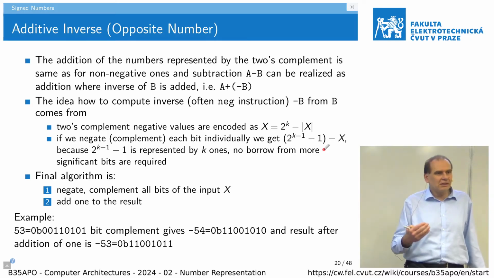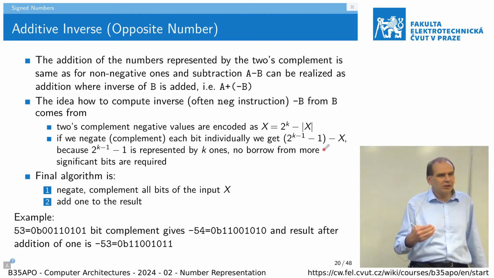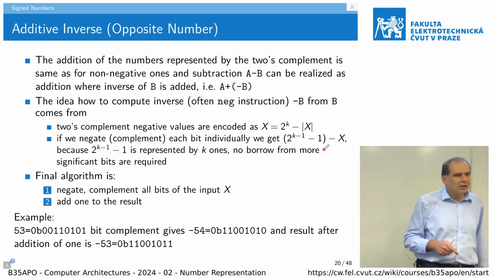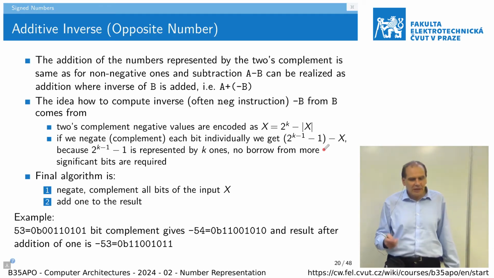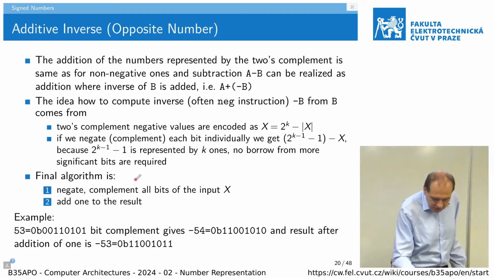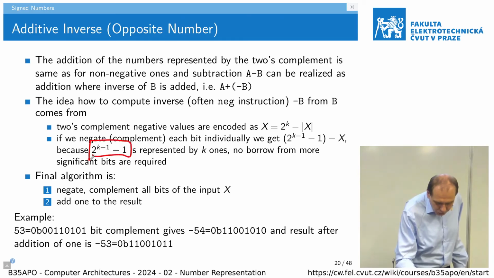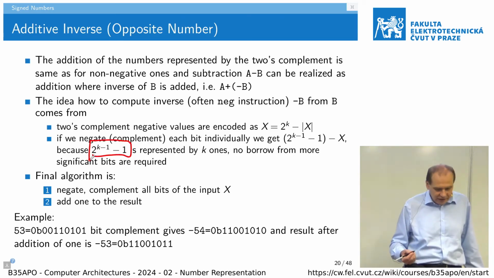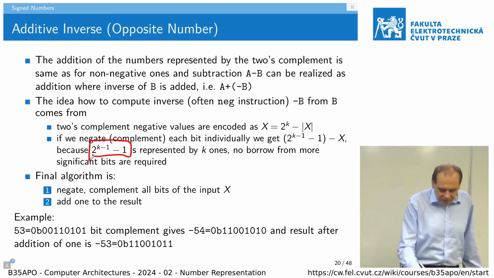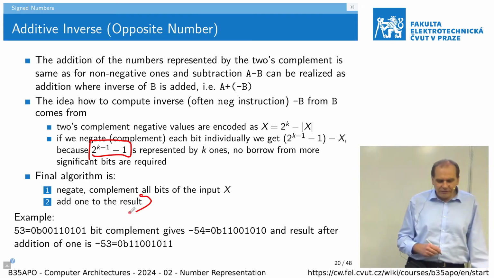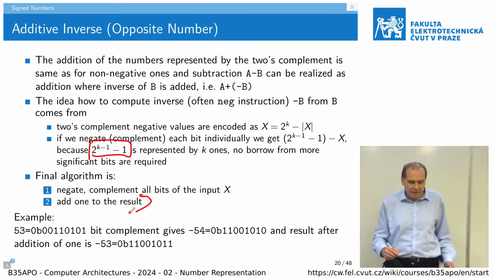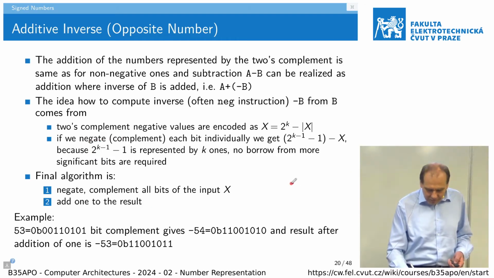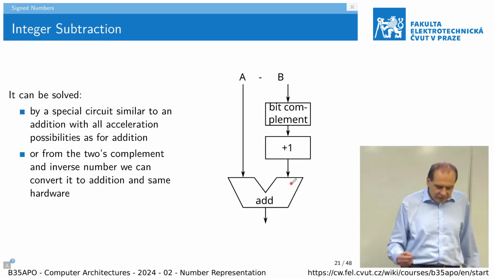But instead of this complex subtraction which borrows from the more significant bits, we can subtract it from the module minus 1, which is easy, and then in the final step add 1.